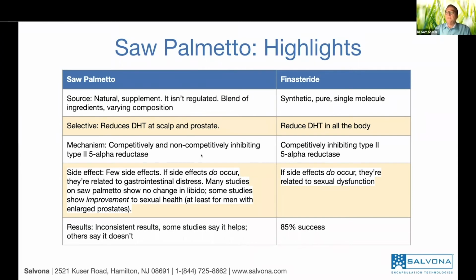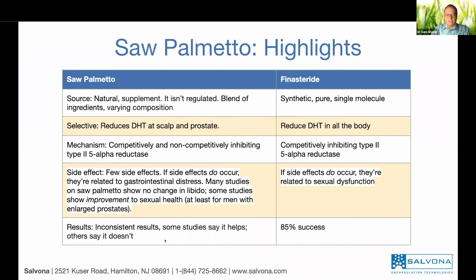The mechanism in the case of Palmetto is a competitive, non-competitive inhibitor of type 2 5 alpha reductase. So this is the first time I mentioned there is a type 2 of the enzyme 5 alpha reductase. What's important, I tell you at the end. And this is a competitive inhibitor of the type 2. And the bottom line is the following.